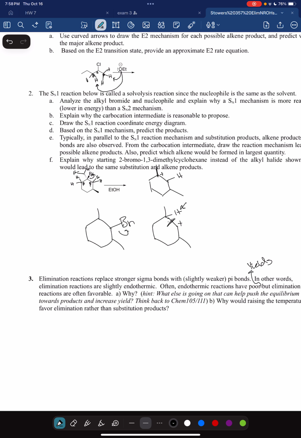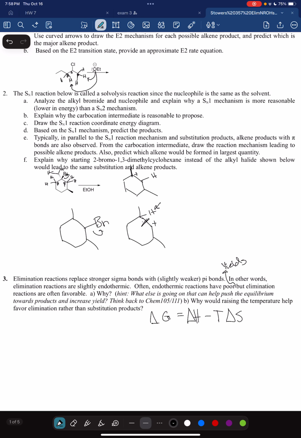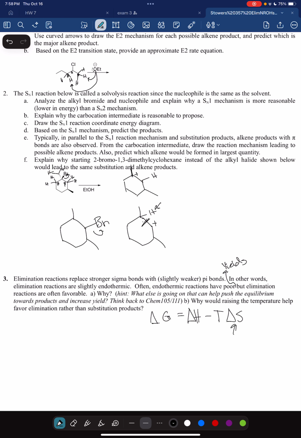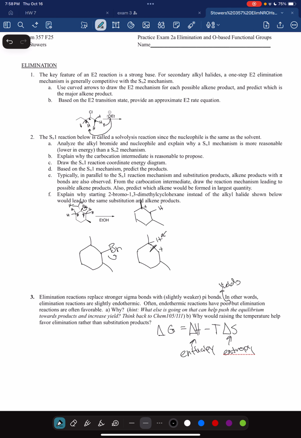If you guys remember that equation from those other chemistries. This is entropy. This is enthalpy. And with this equation, you can answer both parts of this question.